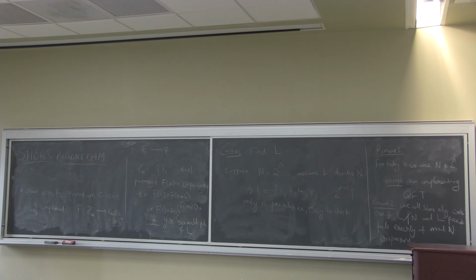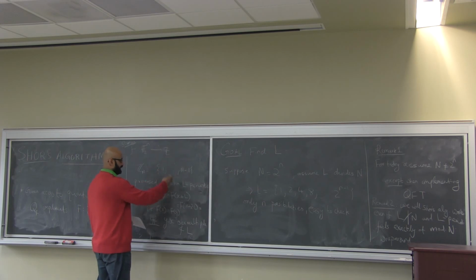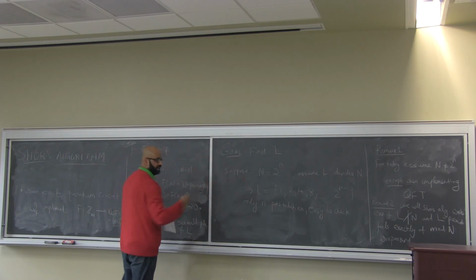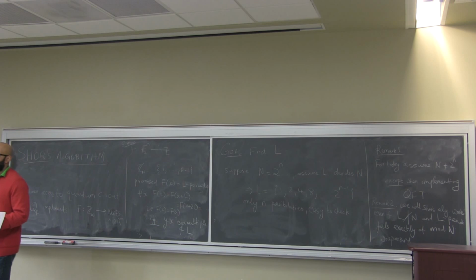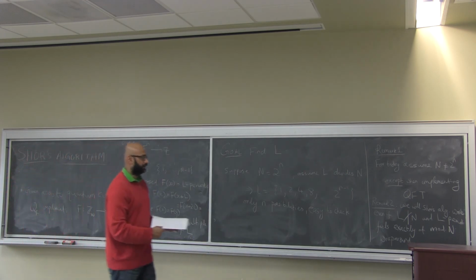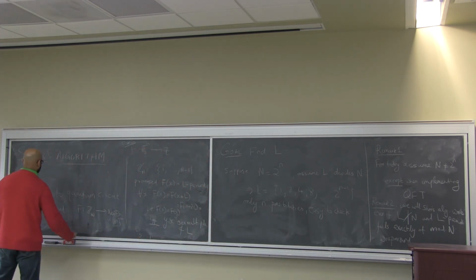So if L doesn't quite divide n, then you can split up this set of integers into those where f of x equals f of x plus L at various points, and then as you approach the end of this group Zn, you may fail because f of x plus L, where x is close to n minus 1, will go around back to the beginning of the group. That's the only issue, but we will see that Shor's algorithm will work even if this L periodicity fails exactly at the very end of the group.